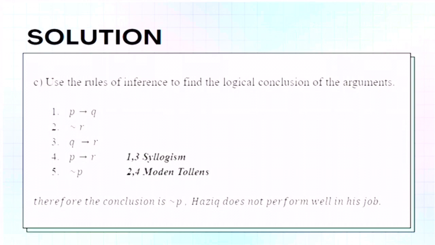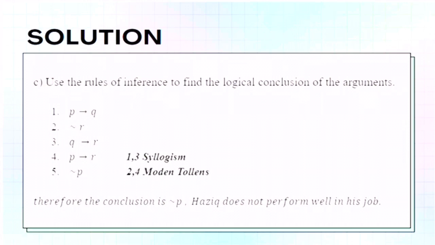From this we can see statement number 1 and statement number 3 can be simplified as syllogism. So we create a new statement, we call it number 4, and write the answer after we simplify it, which is P to R.